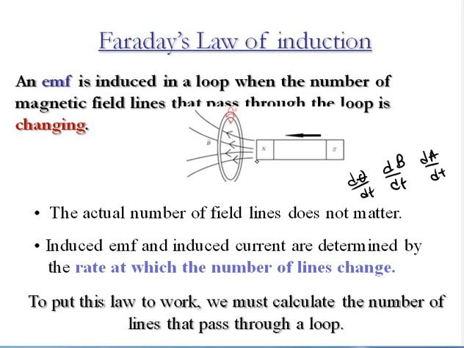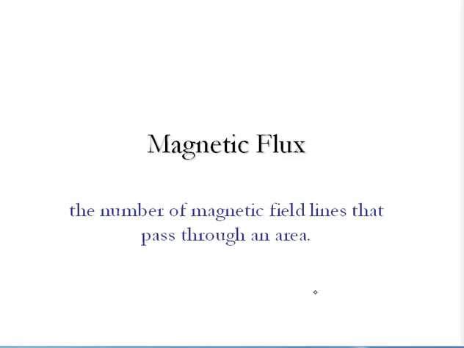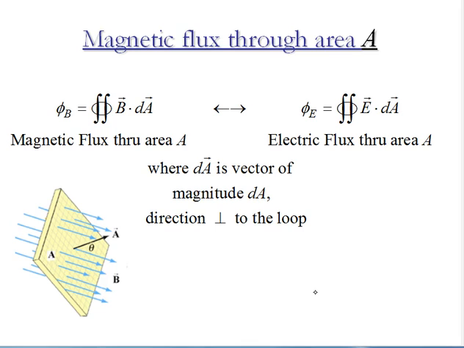So to put this to work, let's calculate the number of field lines that pass through the loop. And what is that? That's the magnetic flux. The analogy to that is the electric flux, which we've studied. There's a very consistent and dual analogy there. We have our closed integral of B dot dA, that's our magnetic flux, and our closed surface integral of E dot dA, that was our electric flux.